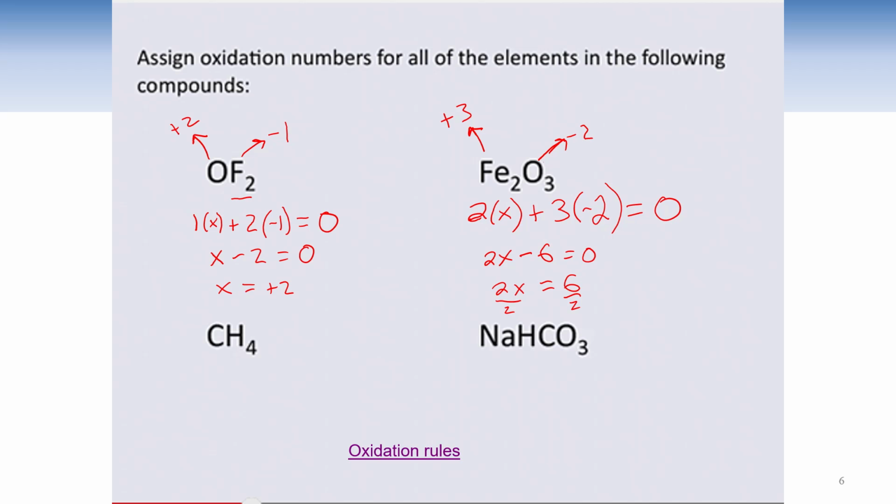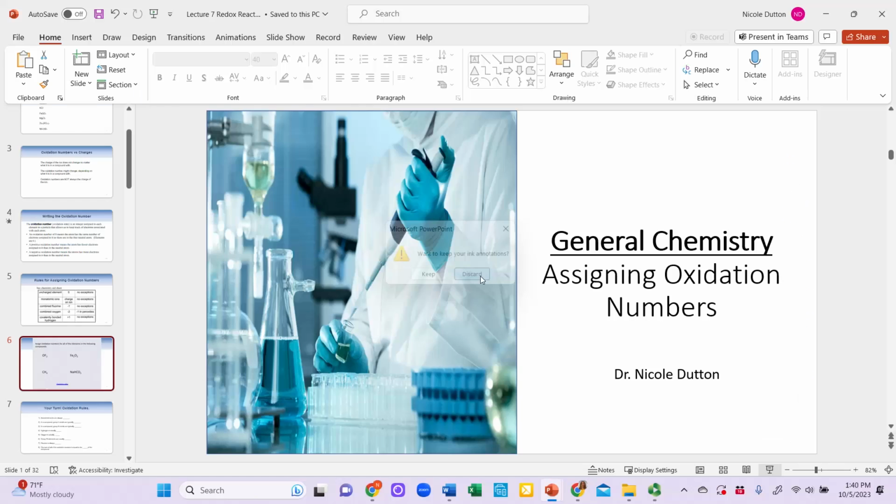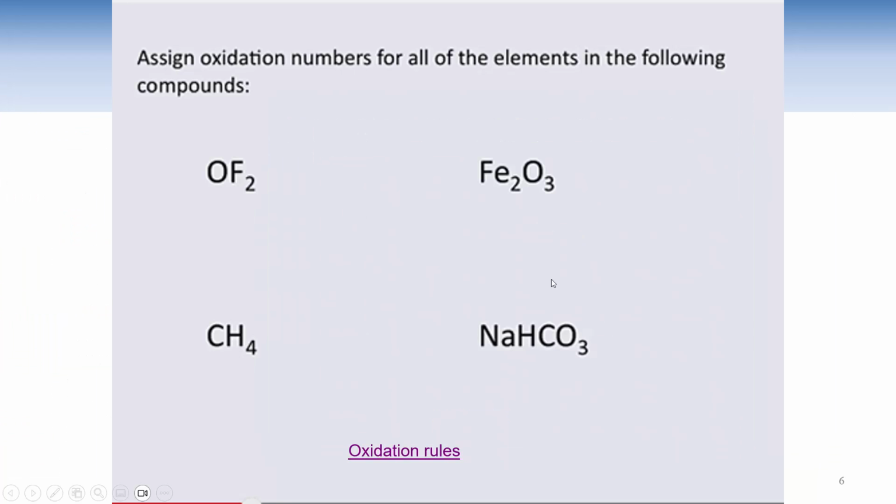So now we have carbon and hydrogen. So we're going to assign +1 to hydrogen because the rule says the oxidation number is +1 when bonded to nonmetals. So hydrogen is going to be assigned +1. There we go.